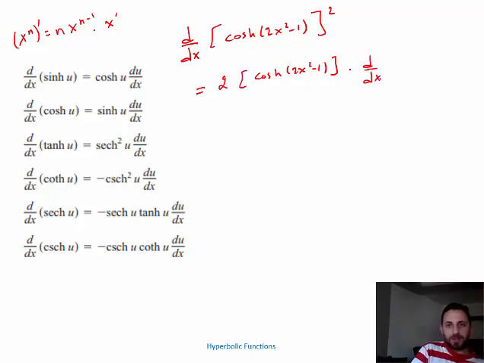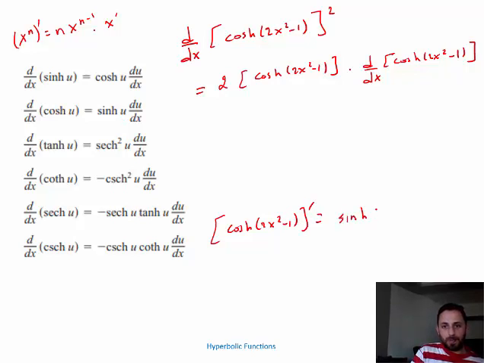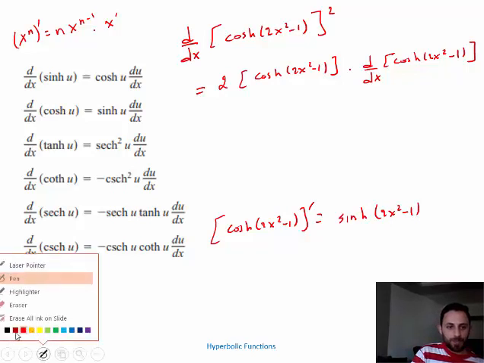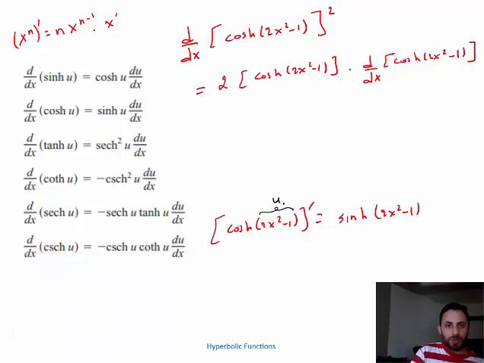d by dx of cosh of 2x squared minus 1. So we need to determine the derivative of cosh. The derivative of cosh of u is sinh of u, du by dx, where u is 2x squared minus 1.